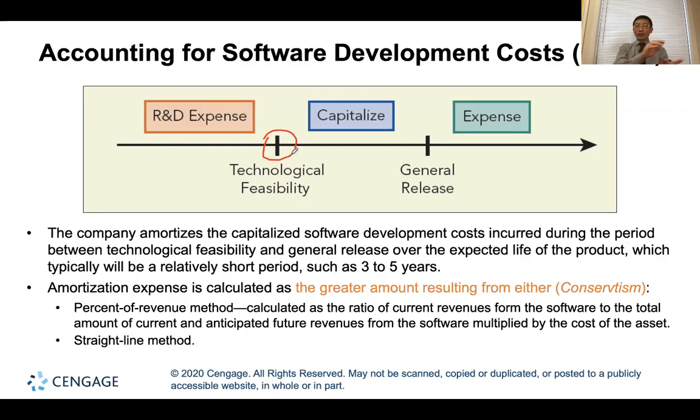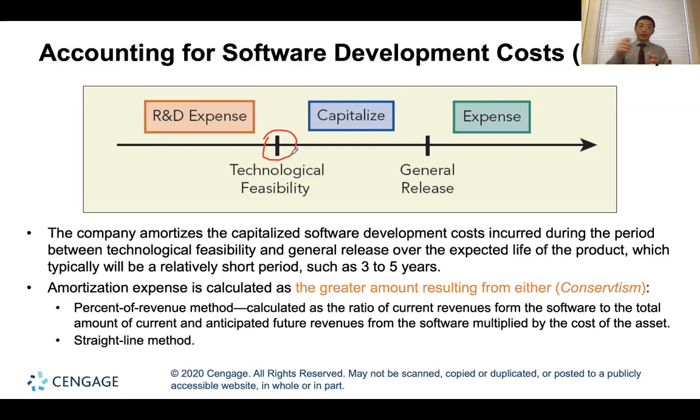If I capitalize it as an asset for 5 years of usage, each year only $0.2 million goes to the expense to decrease the income. But if expensed directly, it is $1 million to decrease the income.